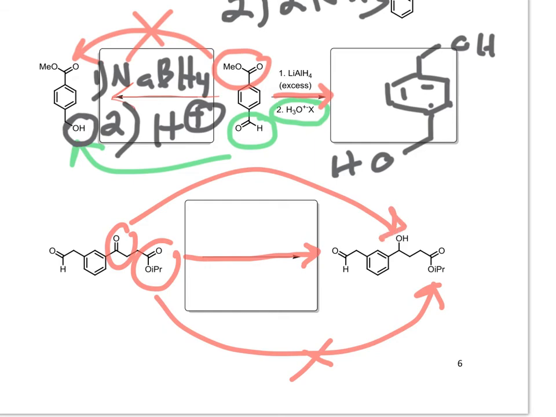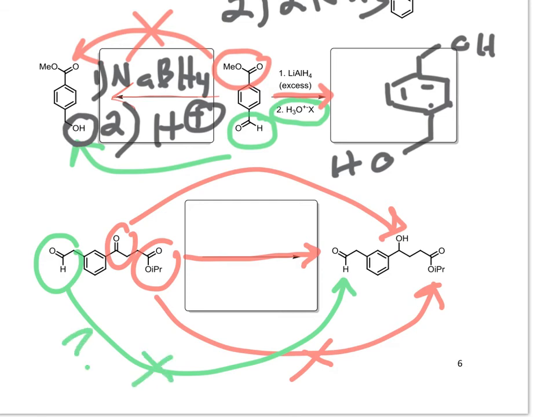And we have an aldehyde that's not changing. Now, this should seem strange because you should be comfortable with the fact that aldehydes are more reactive than ketones. And so we do not know of any reagent that can selectively reduce a ketone over an aldehyde. So this is a case where we have to protect the aldehyde.